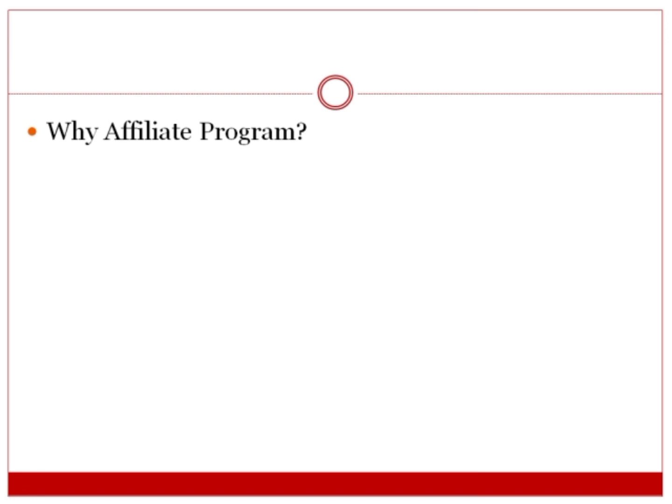Obviously, by now, you should understand why you need an affiliate program. But some of you might be thinking, well, why should I give away 50% or even 75% commissions to somebody else? Well, the bottom line is simple: if you give away a certain percentage of commissions when affiliates promote your product, it's not taking a lot of your time. It's not taking your money.